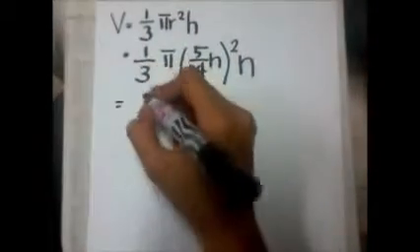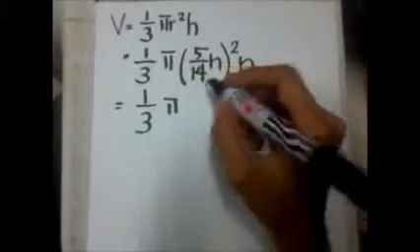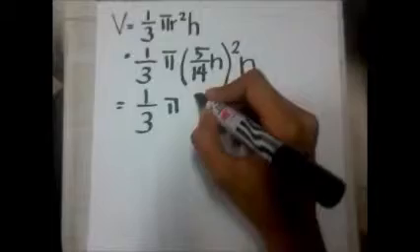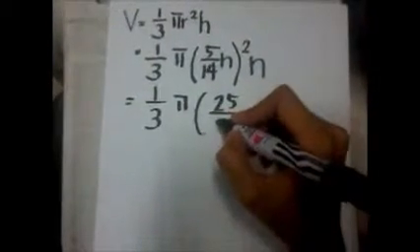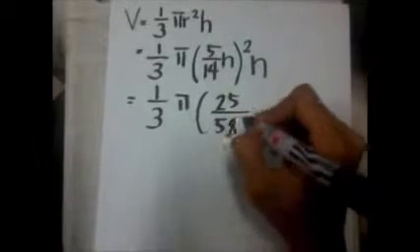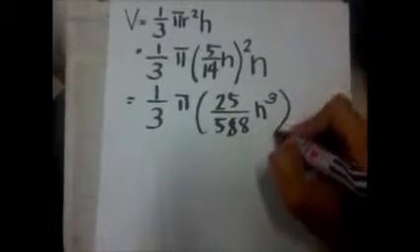So we have now 1/3 π times 25 over 588 h cubed. So this gives us a volume formula that only involves the volume and the height of the water.